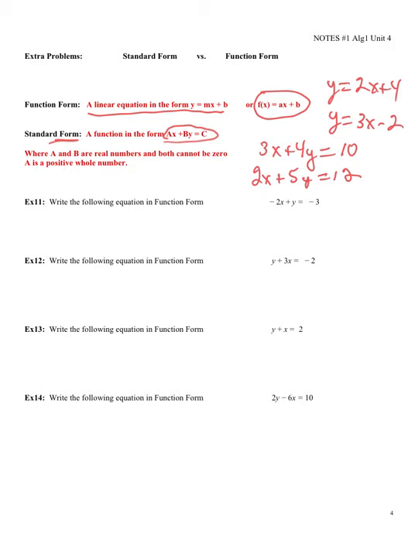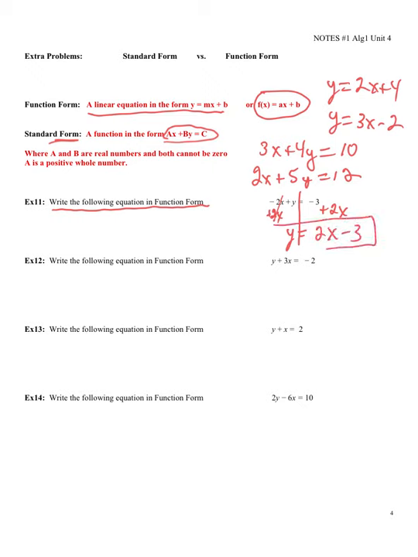Okay? So we're going to use our skills of solving for equations, all right? So we're going to write the following equation in function form. So we're going to draw a line down here, and we're going to add 2x to each side. This will give us 0, and y equals 2x minus 3.